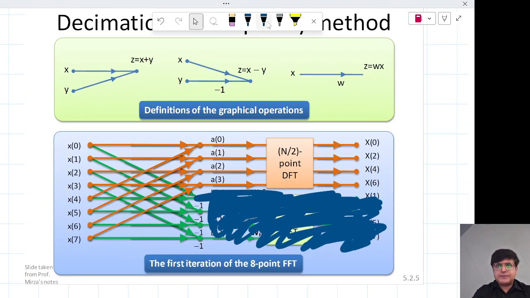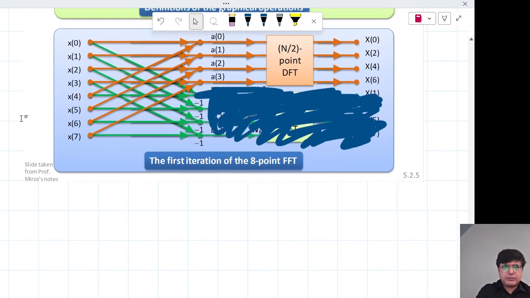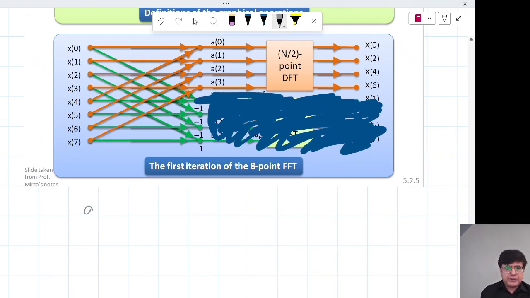Let me write it down below. So a of n is just x of n plus x of n plus big N over 2.